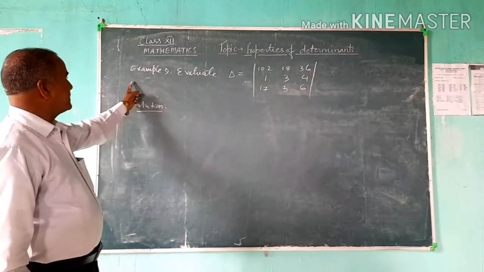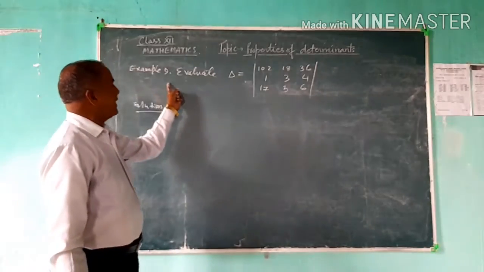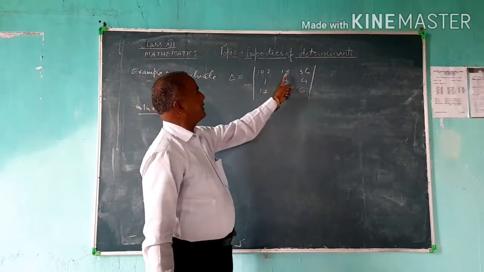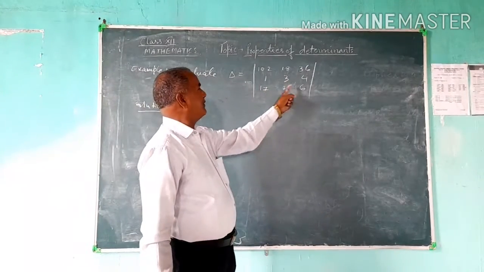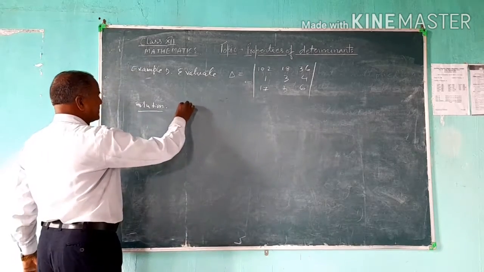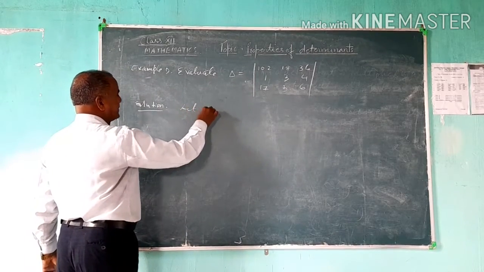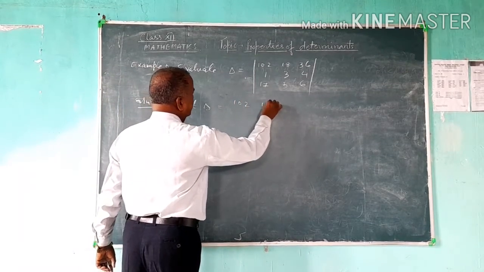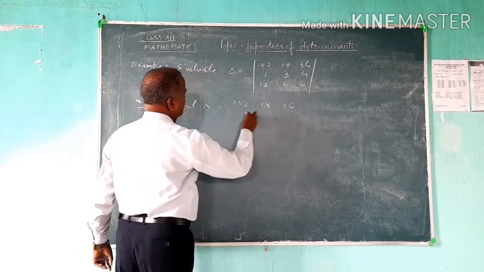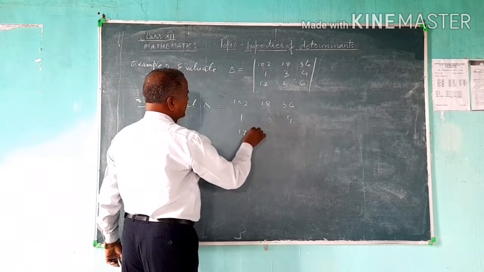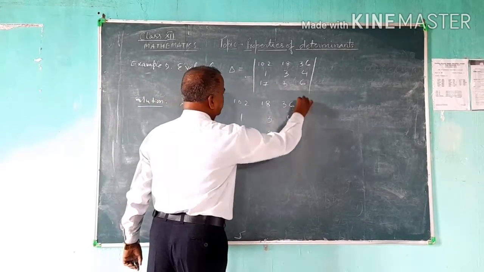So to verify this property, let us solve example 9. Let us evaluate the determinant 102, 18, 36, 1, 3, 4, 17, 3, 6. Let us use the solution: delta is equal to 102, 18, 36, 1, 3, 4, 17, 3 and 6.